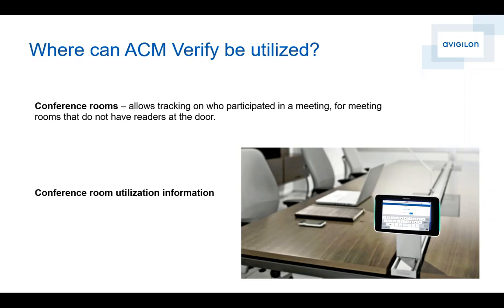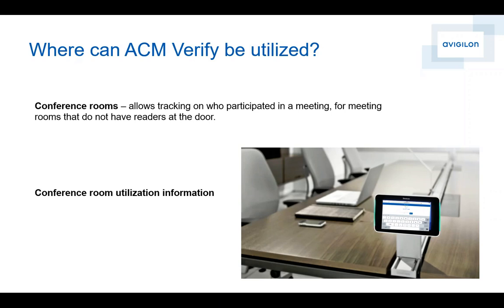So this one here is conference rooms. Let's say, for example, that you have conference rooms and you want to keep track of who's in those conference rooms, and maybe in this case you don't have readers at the conference room doors. So you could have a tablet right there inside of that conference room already logged into ACM Verify, and as employees come into that meeting, they can just punch the code, and now you can keep track of who is in that meeting or who has been at that meeting, and run reports and find out who participated in the meeting.